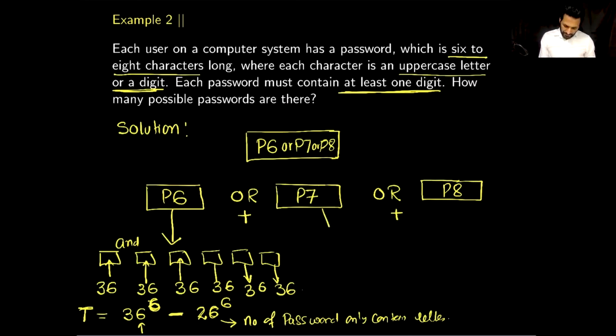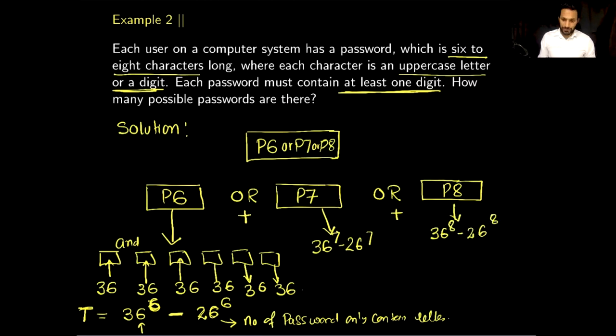Similarly we calculate how many passwords of 7 characters will contain at least one digit. This will be 36 to the power 7 minus 26 to the power 7, and for 8 characters, 36 to the power 8 minus 26 to the power 8.